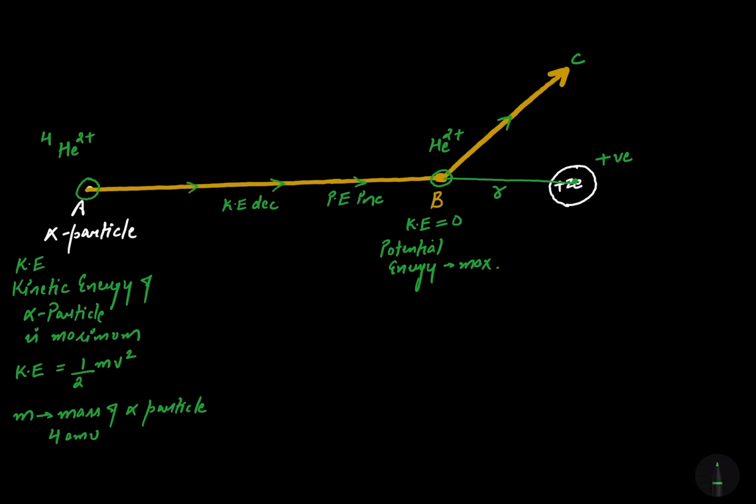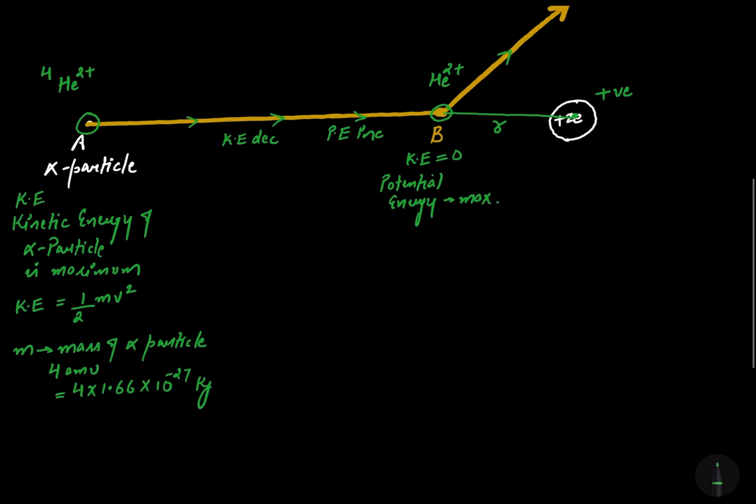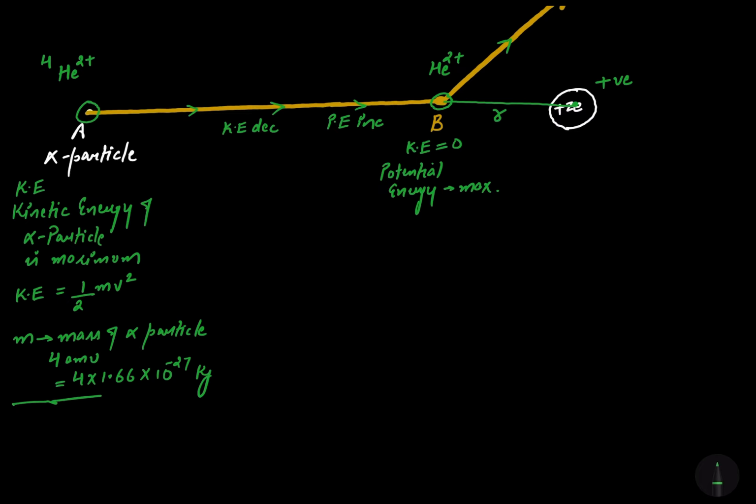It comes out to be 4 AMU, that is 4 into 1.66 into 10 raised to the power minus 27 kilograms. And what's the V?